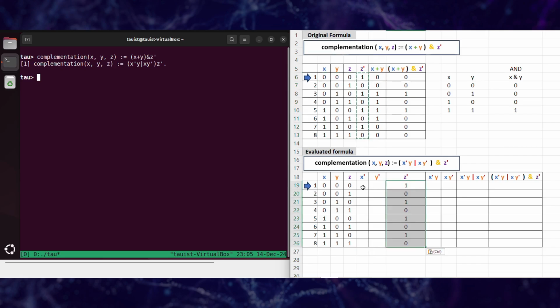Now this one is just the opposite of this, so I'll just make a shortcut. And this here. And this one is the opposite of this. So here, and 0. Okay. Now when we say x prime y, if there is nothing in the middle, again, it's an AND.